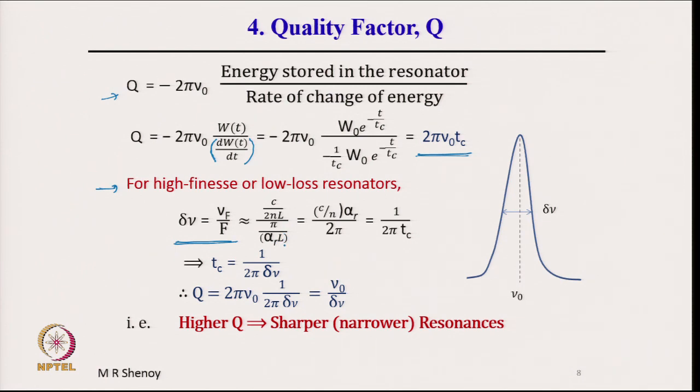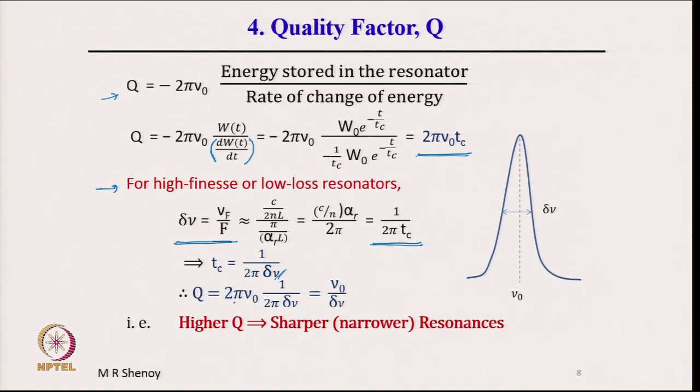So, if you substitute, we get delta nu is equal to 1 by 2 pi T c, a very important expression, or T c is equal to 1 by 2 pi into delta nu. So, if you can measure the T c, then you can determine the line width, or alternatively if you measure the line width of the cavity resonances, then you can determine the cavity lifetime.